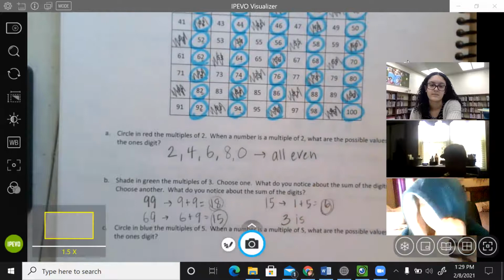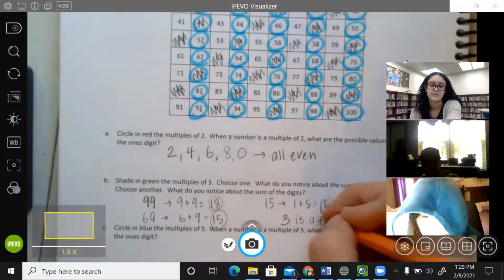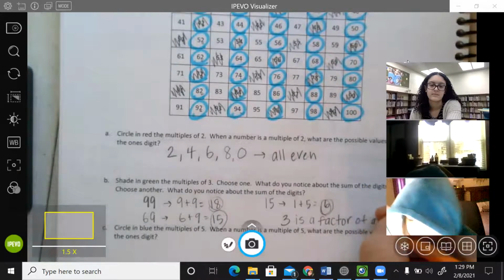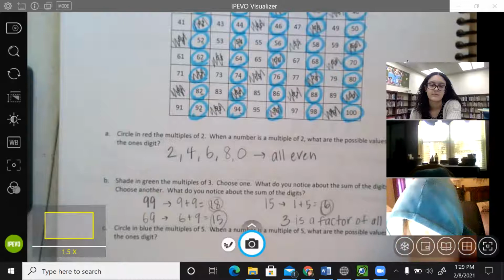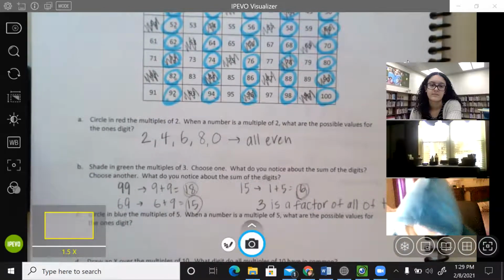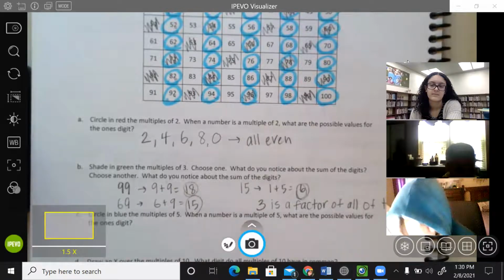So we could say the 3 is a what for all of these? Is a factor. Good. 3 is a factor of all of these. So it's kind of neat how that works with the numbers, how if you add the 2 digits together, they're all factors. The 3 is a factor of all of those.